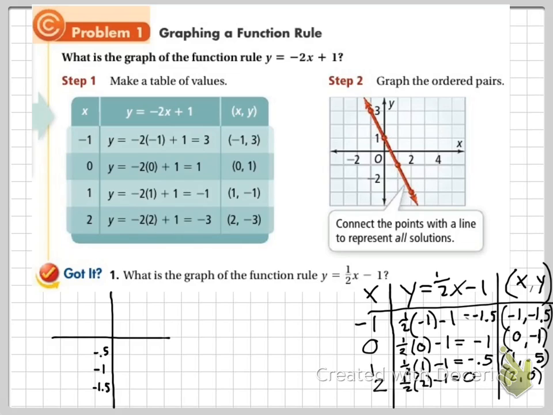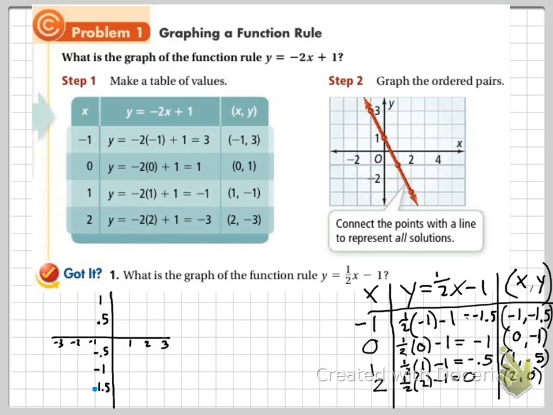So I'm going up by halves on my y, and then I'll just go by ones on my x. So that'll be -1. I'll graph in a different color so we don't mix it up. Okay, so I've got a point at -1, -1.5. So right there over the negative sign.